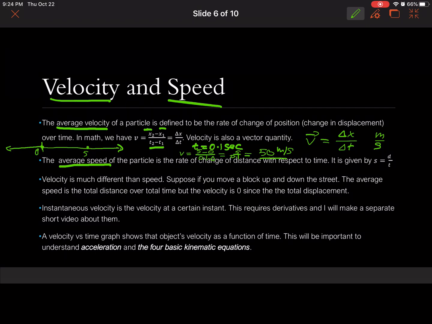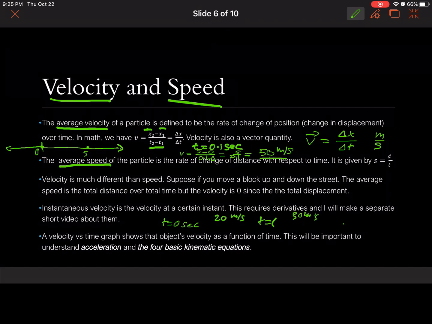So now, instantaneous velocity is basically the velocity at a certain instant. For example, let's say I'm driving a car in real life, and in real life you cannot maintain a constant speed all the time. So let's say at t equal to 0 seconds, when I start measuring velocity, the car is moving at 20 meters per second, but at t equal to 1, it's moving at 30.